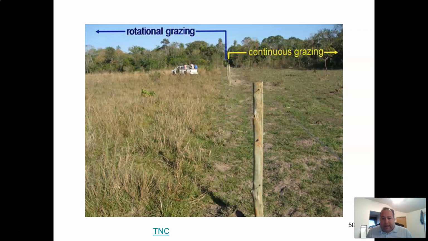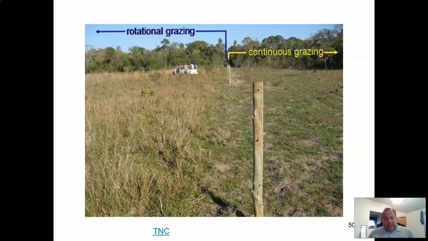And so here's a similar picture to what we saw with that overgrazing idea, where we've got our fence here, and on the left they're doing rotational grazing, and on the right they're doing continuous grazing. And so that area has been overgrazed to the point where there's not a lot of plant material, whereas the rotational area on the left, there's plenty of plant material there to still be eaten.